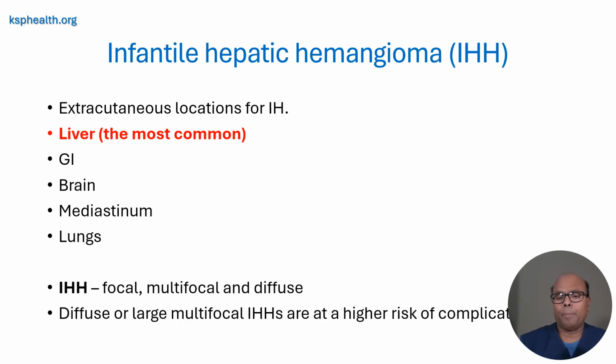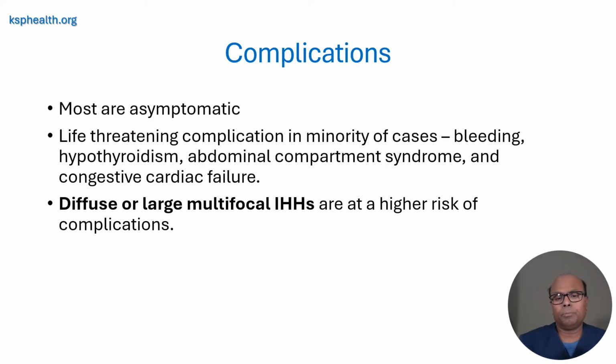Diffuse and multifocal hemangiomas are at high risk for complications. As we discussed earlier, most cases are asymptomatic. The life-threatening complications in a minority of the cases could be bleeding, hypothyroidism, abdominal compartment syndrome, and congestive heart failure. Diffuse or large multifocal hemangiomas are at risk for complications.